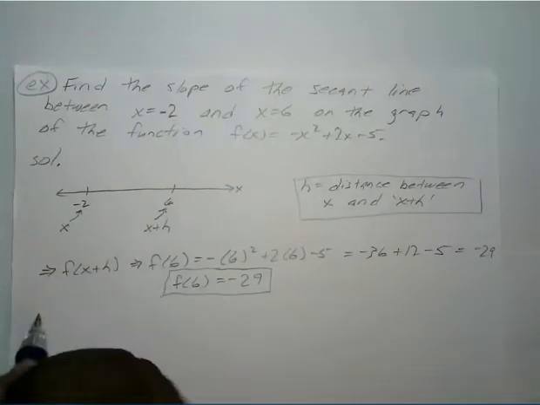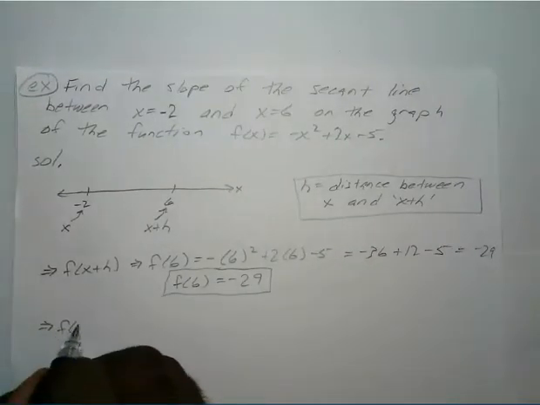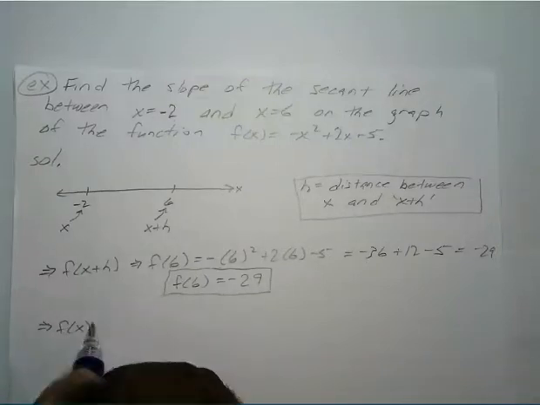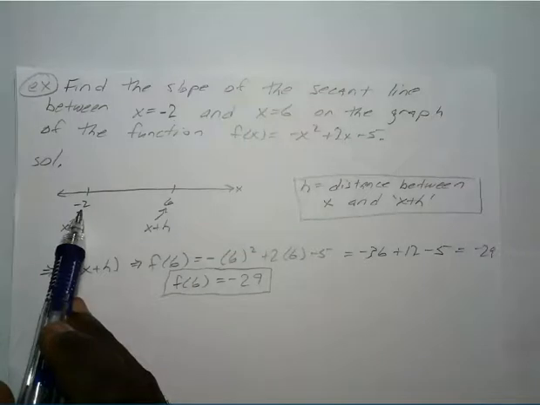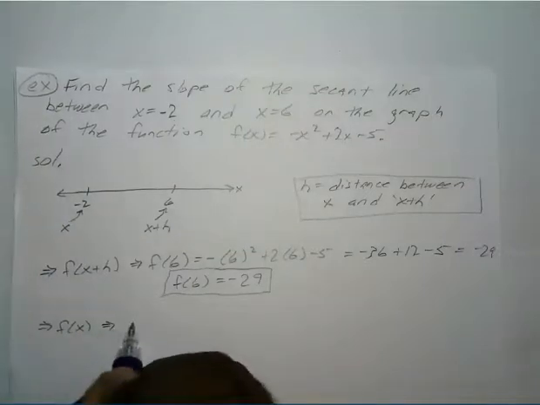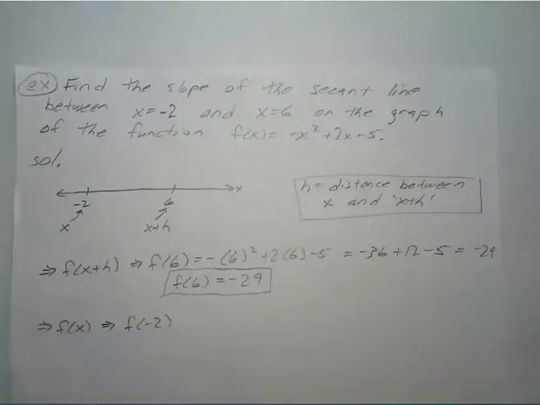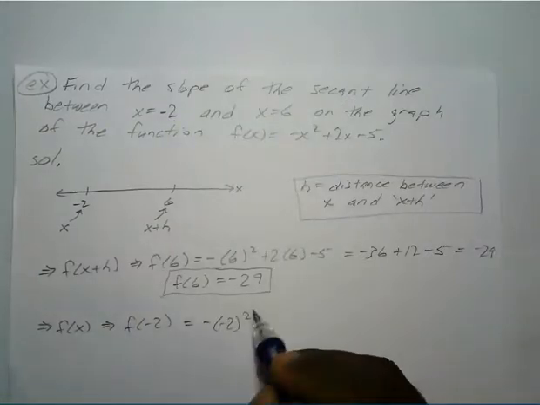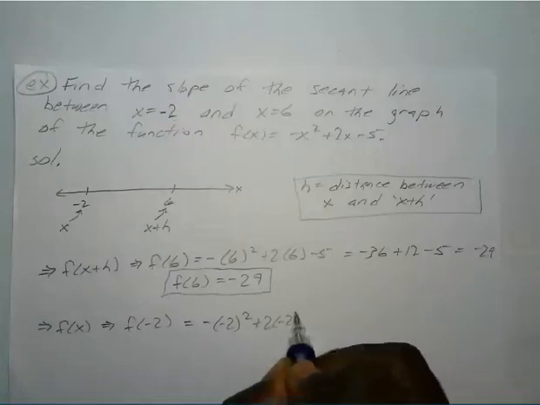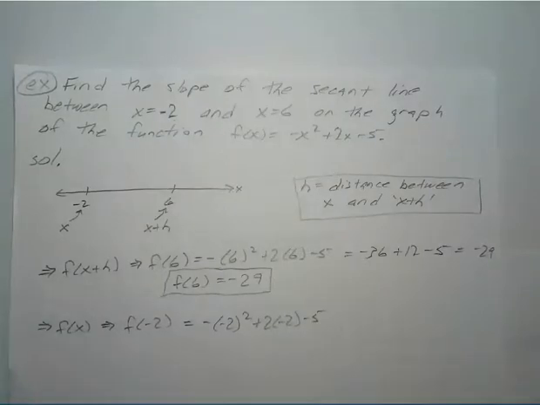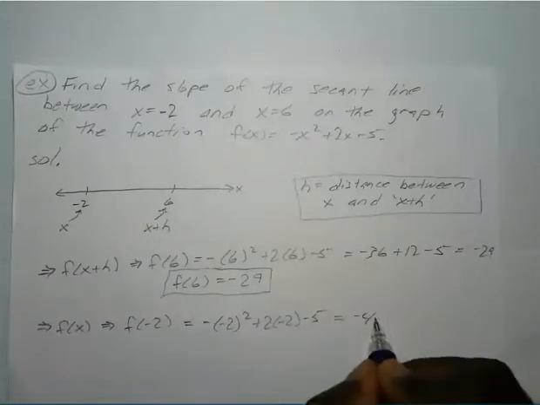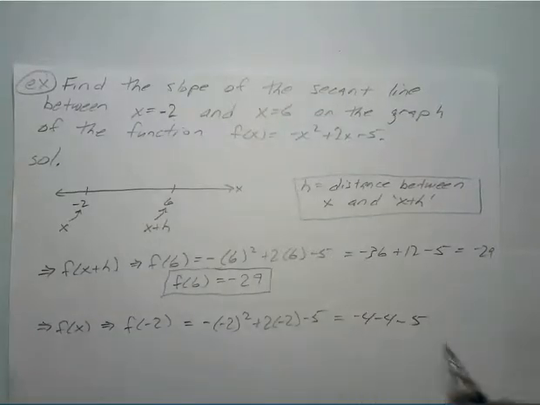All right, now we find our f of x. Here we know that our x is -2. So that's just f of -2, which is equal to -2 squared plus 2 times -2 minus 5, which is -4 minus 4 minus 5, which is equal to -13.